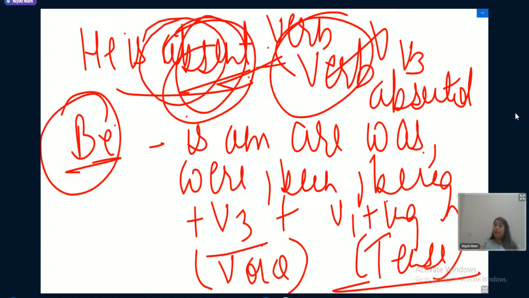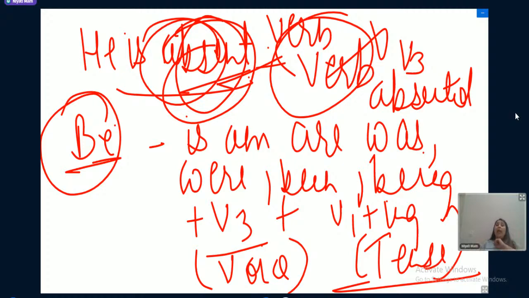Now what is it? This thing we are going to understand in some later sessions, not today. But for now, it is necessary for you to understand that either V3 is possible here or V1 plus ing is possible here, and absent is neither of them.